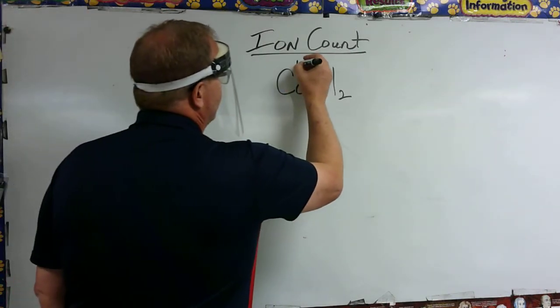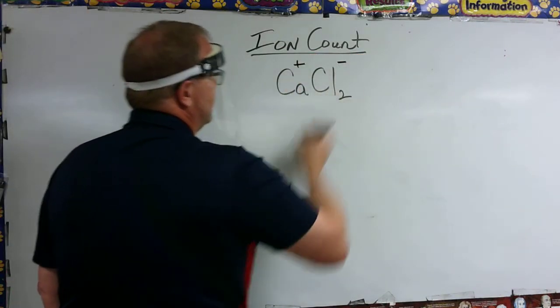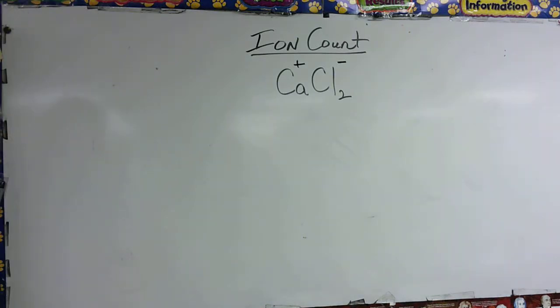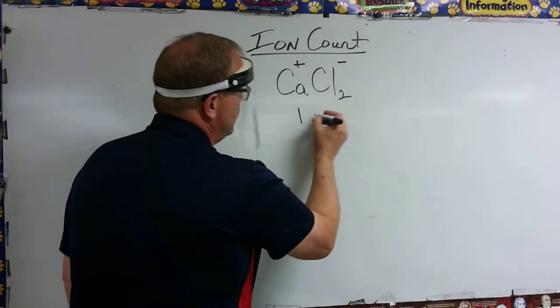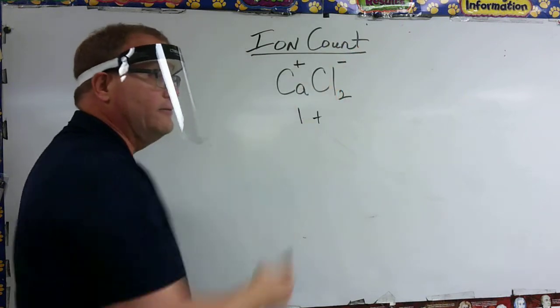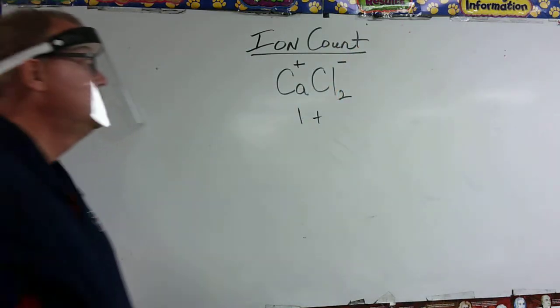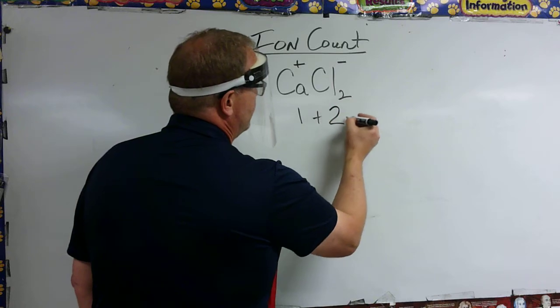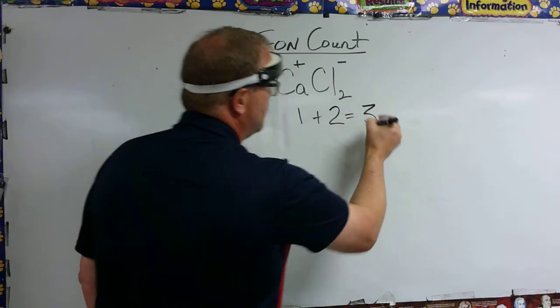This is my positive, this is my negative. So how many total ions do I have? I have 1 calcium, that's 1 positive ion. So this would be 1, plus I have 2 negative ions over here. How many total ions do I have? 3.